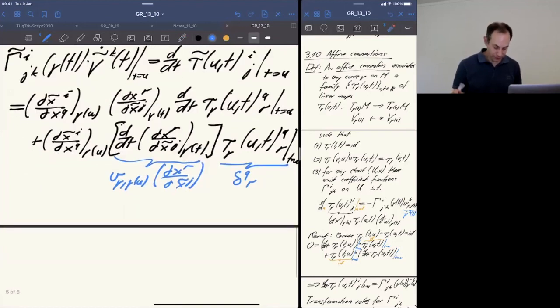And this we can write in components. Instead of having the velocity vector, I told you before, there is this writing gamma dot, which is just the notation for a velocity vector.